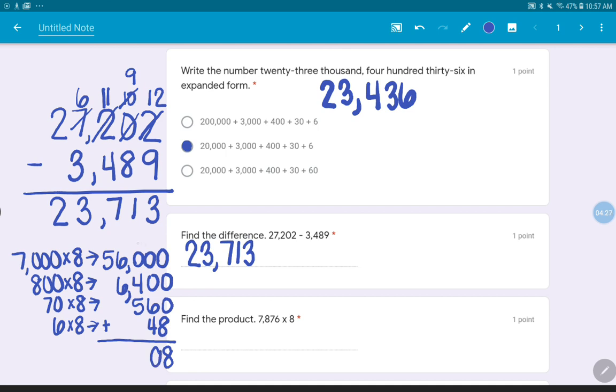Write down the 0 and regroup the 1 to the hundreds. 1 plus 0 plus 4 plus 5 is 10 again. Regroup the 1. 1 plus 6 plus 6 is 13. Regroup that 1, and 1 plus 5 is 6. So the product is 63,008.